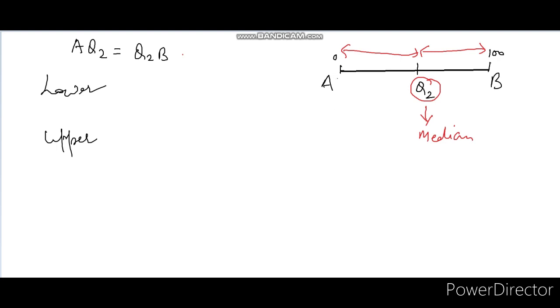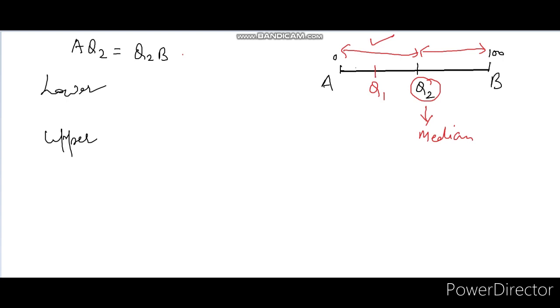Now suppose this AQ2 portion means the first half of the data. Again I divide it into two equal parts by taking the point Q1 at its center.